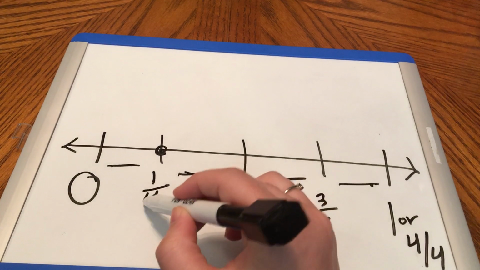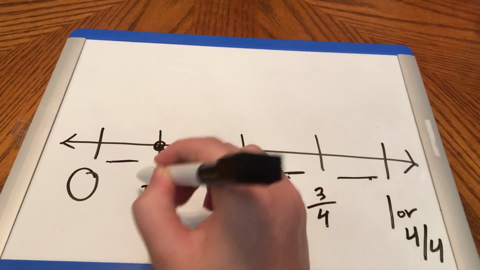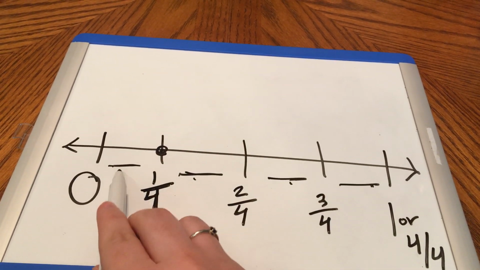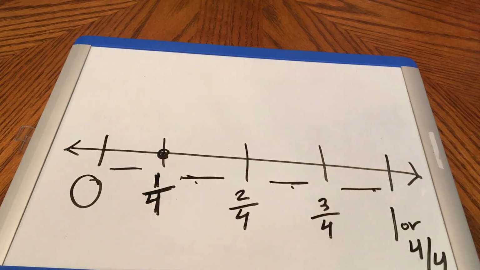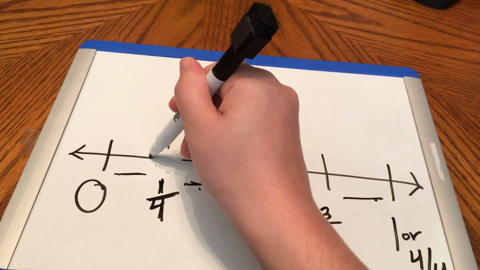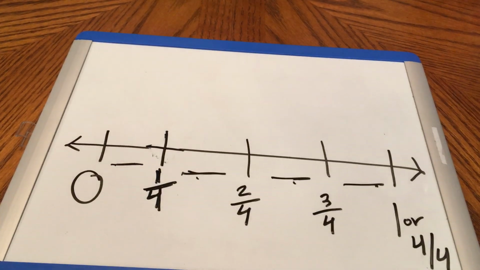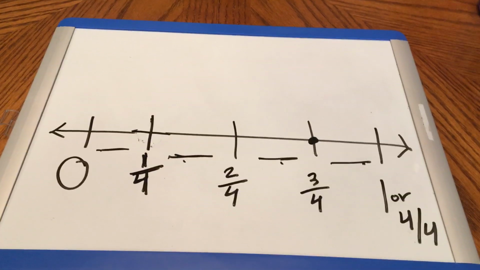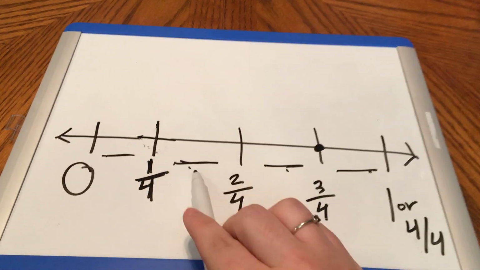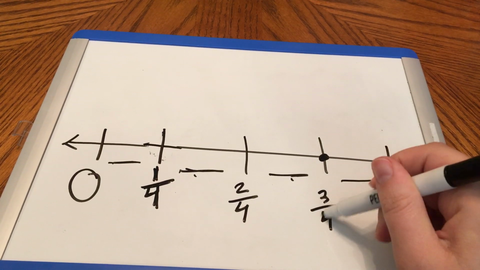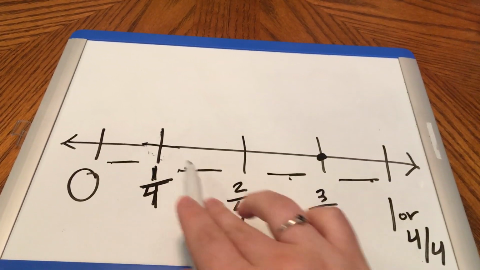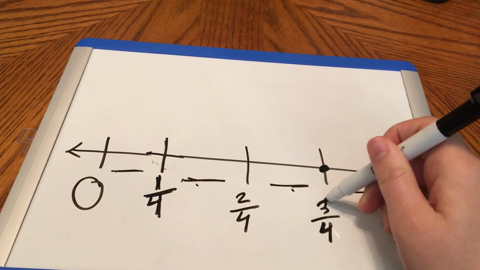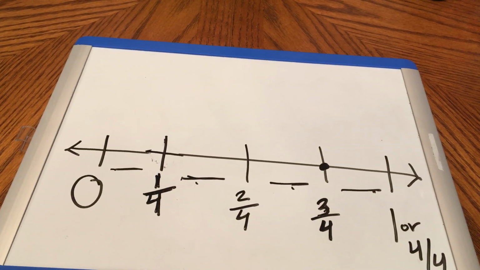So you would write a 4 at the bottom like we did here, over, and this is the first space, so 1. If the dot was instead over here, again, you would count 1, 2, 3, 4. There's 4 spaces, and it is the 1, 2, 3, the third space.